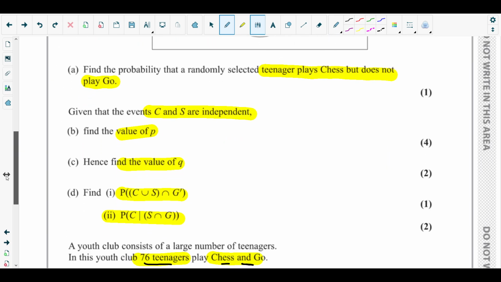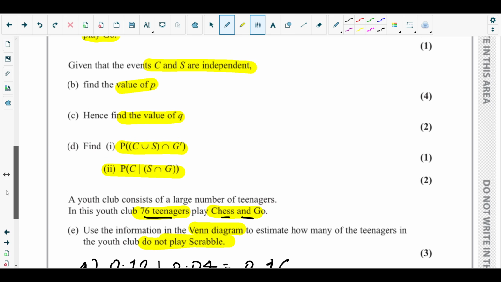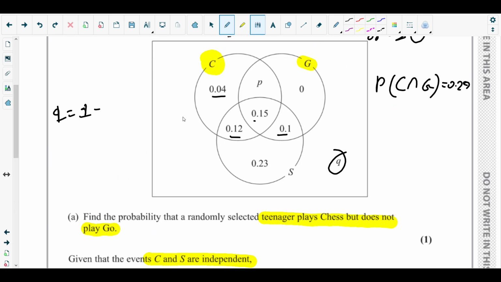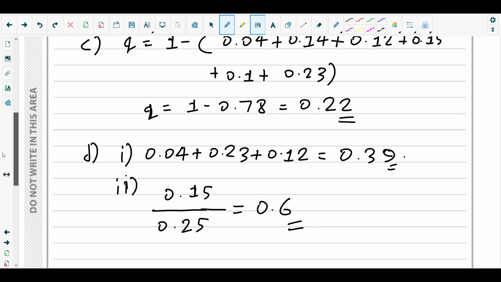What's the probability of not playing Scrabble? Just P, right? P is the probability of those who do not play Scrabble within the intersection of C and G. So P is 0.14, right?